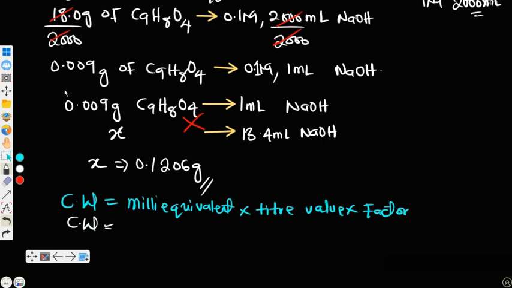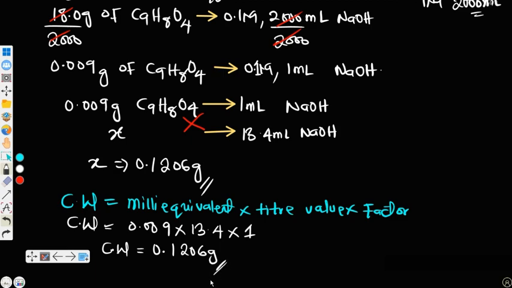The milli equivalent is 0.009 gram. The titer value is 13.4 times the factor. Since you are not standardizing twice, the factor is always 1. So that will give us a calculated weight of 0.1206 gram.